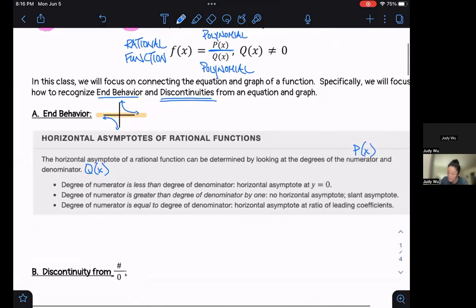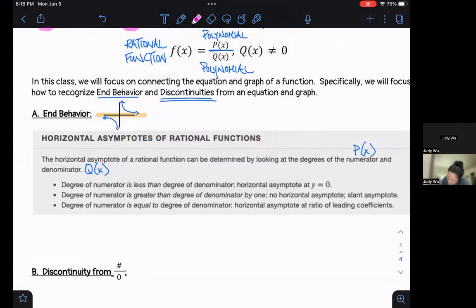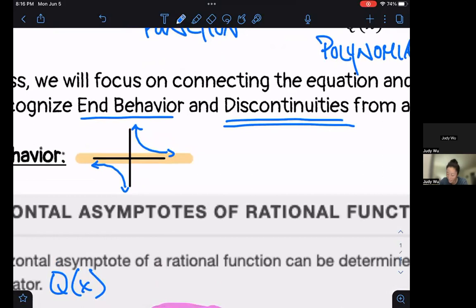All right, so if the degree of the numerator is less than the degree of the denominator, it turns out that we end up with a horizontal asymptote at y equals 0. And we can actually see this by going back to that reciprocal function we looked at.